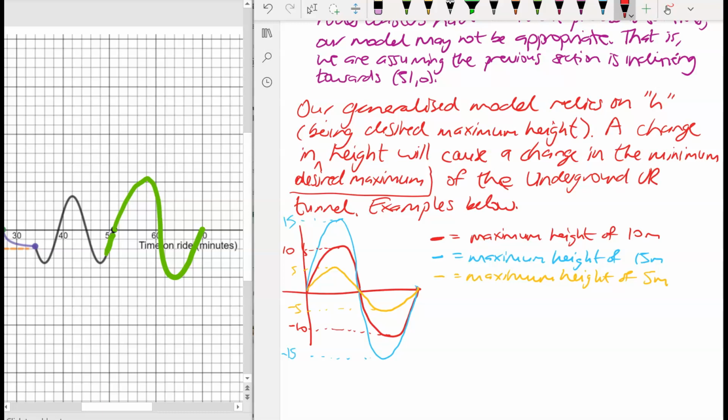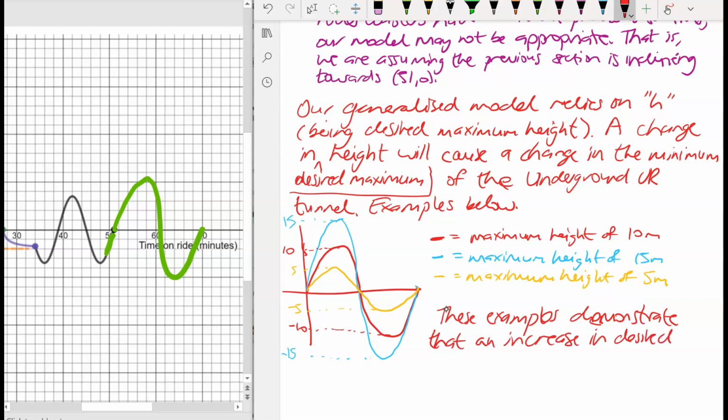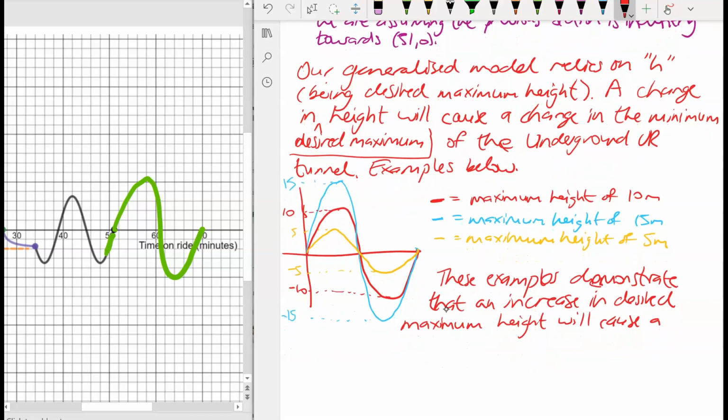So let's try to get this into words. These examples demonstrate that an increase in desired maximum height will cause a deeper minimum.